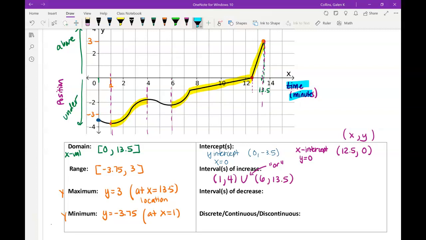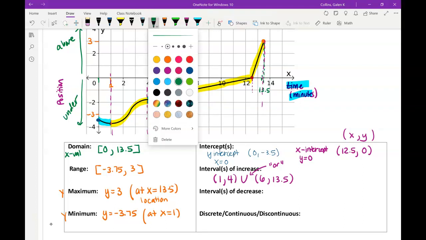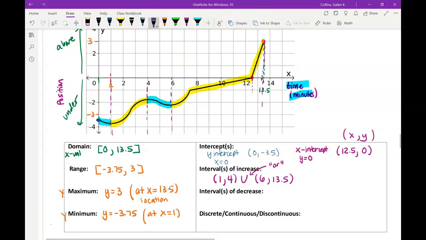For intervals of decrease, I'm going to highlight the graph blue. From 0 to 1, my values of y are decreasing. My position is decreasing. And from x equals 4 to x equals 6, I'm decreasing. For those intervals, I'm going to say I'm decreasing from 0 to 1, use my union symbol, and then from 4 to 6.